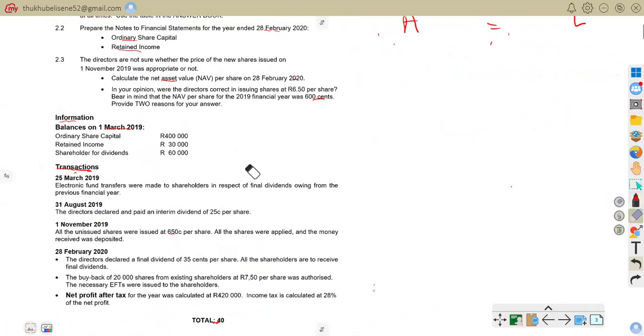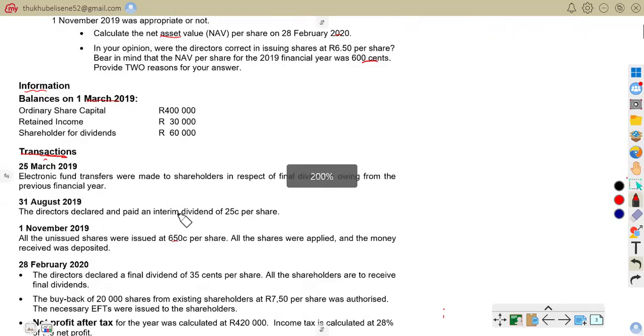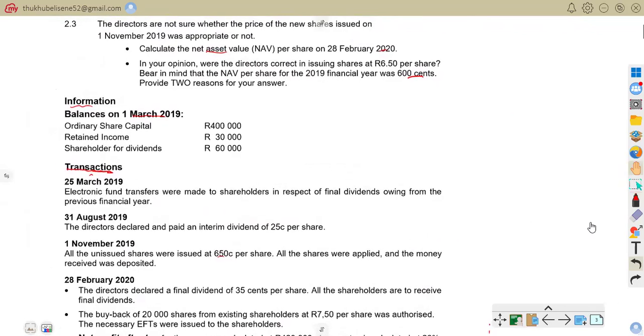On the accounting equation, we are not going to write anything that is not the effect of the transactions. So let us start with transaction one, and let's read it together and try to get it very well.